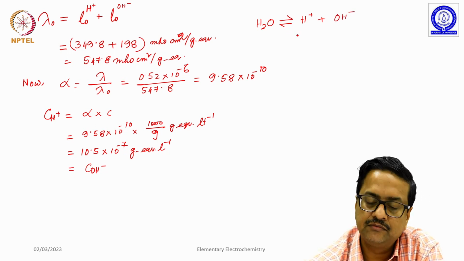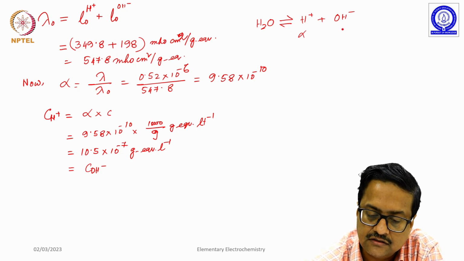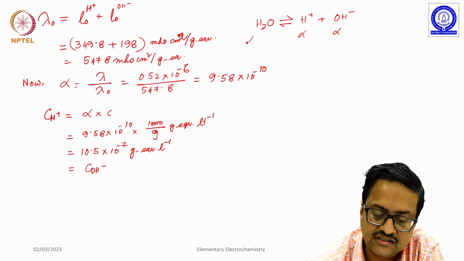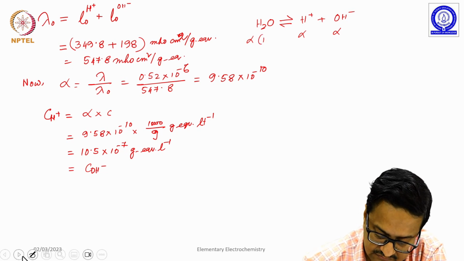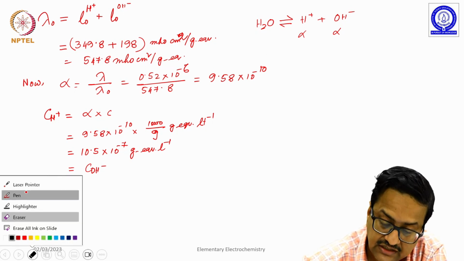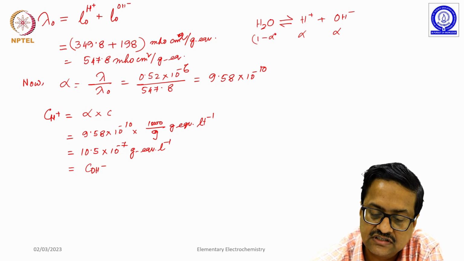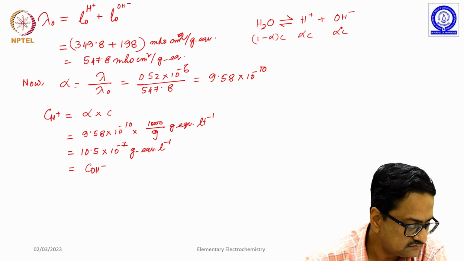So, if the degree of dissociation is alpha, in terms of concentration it is 1 minus alpha and alpha, multiplied by C, right.